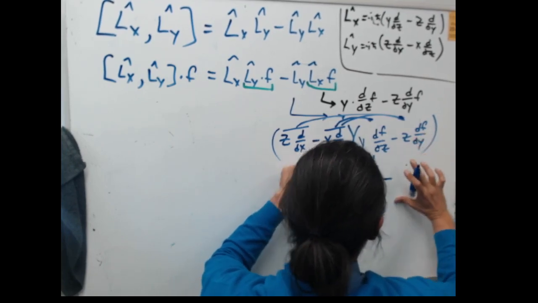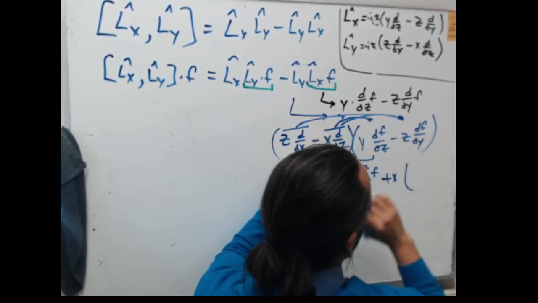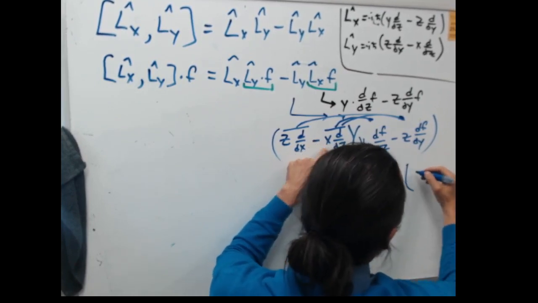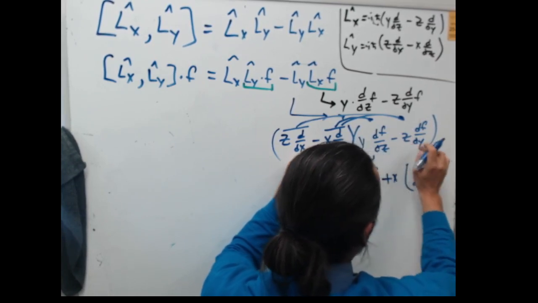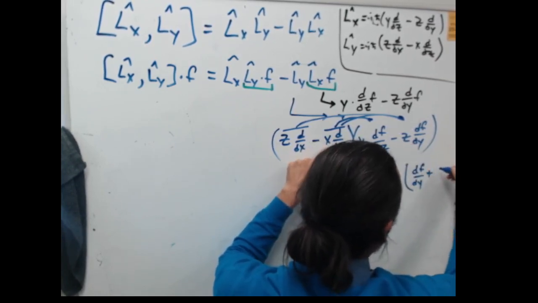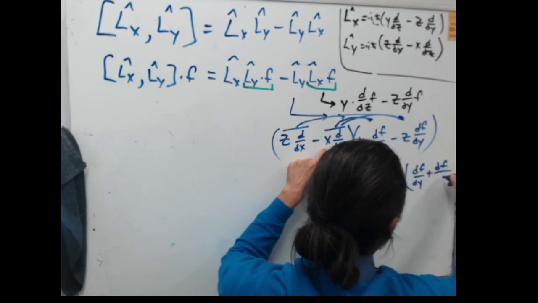Okay, I got to be careful. Negative, this is going to be plus x times, apply the product rule, df/dy, derivative of the first times the second, plus, now this is where it gets weird, d squared f/dz dy.